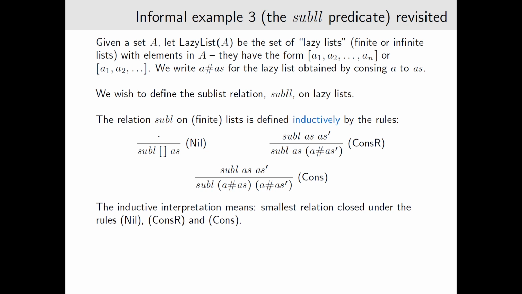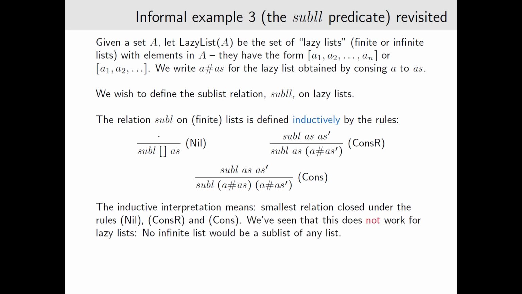You build a finite proof tree obtained from applying these rules, and at the root you have a proof of some fact about this sub predicate. So the smallest relation that is closed under the rules, also known as the relation that is proved using finite proof trees. And we have already discussed that this doesn't work. This doesn't give us what we want.